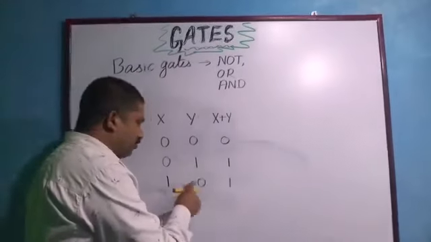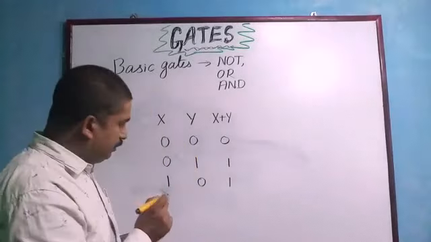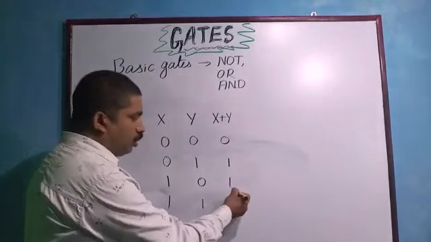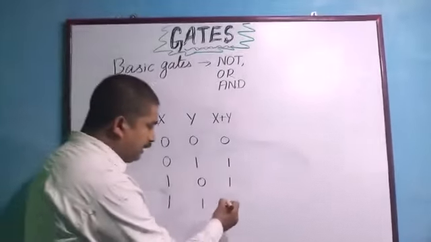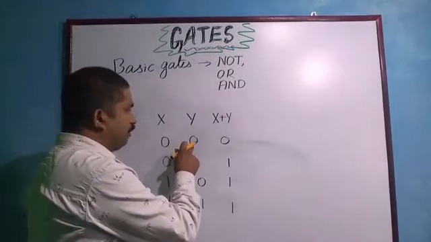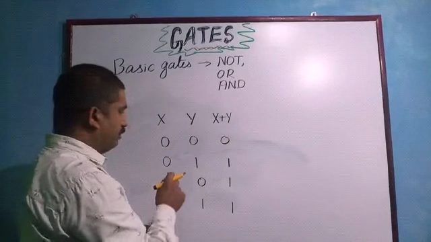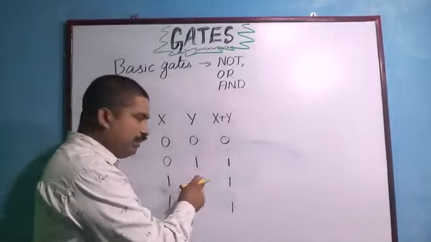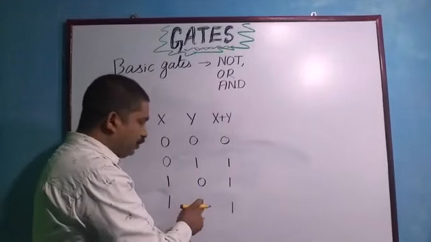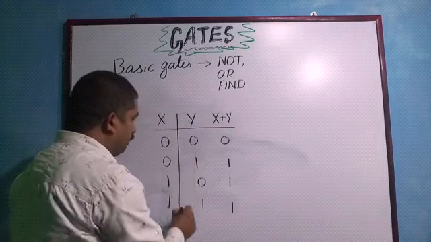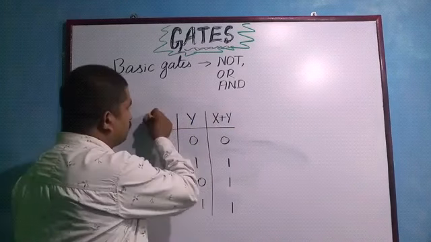Just remember 1 plus 0 is 1. Similarly, if both inputs are high, then output is also high. So false, false is always false. False, true is true. True, false is true. True, true is true. This is called the truth table for the OR gate.